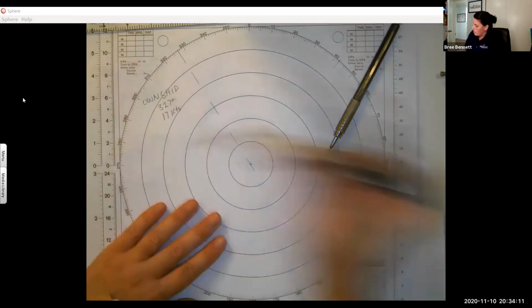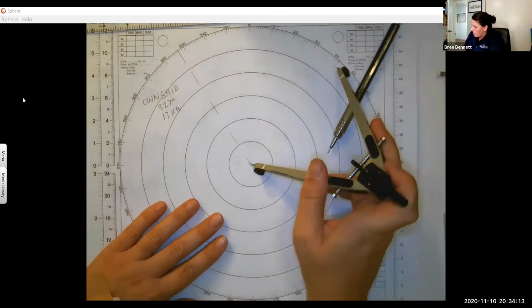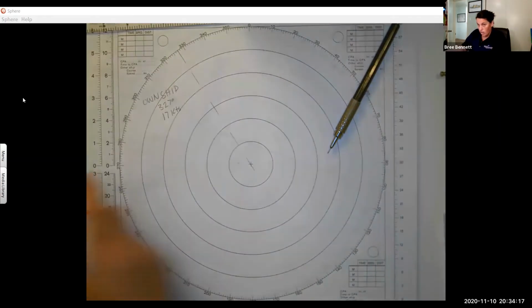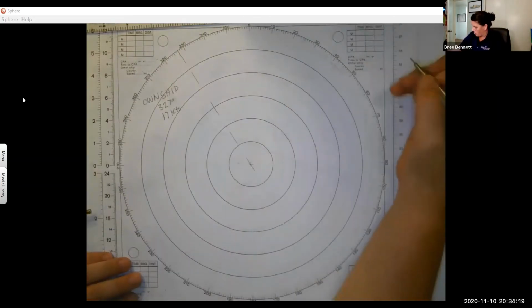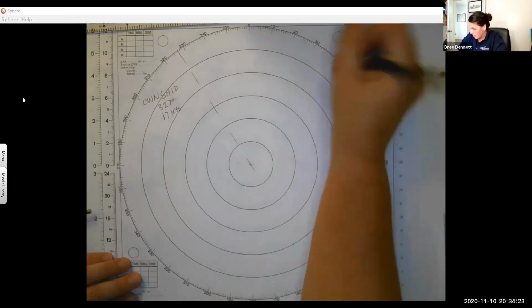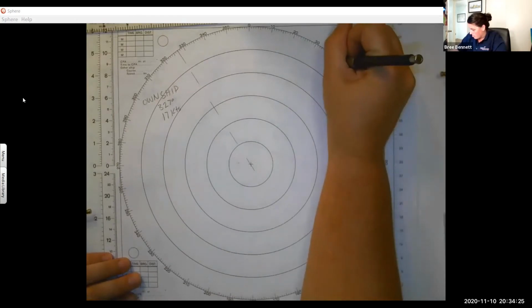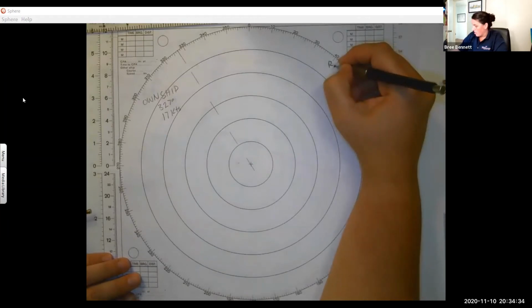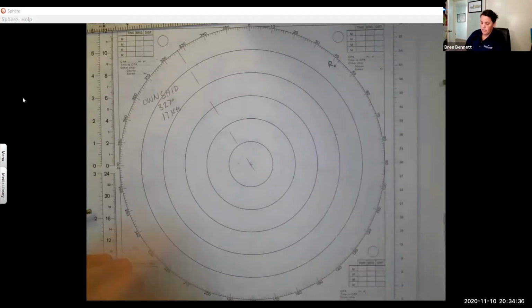And we mark this as R. Our first one is R. So we mark this point as R. Try to make it big and bold.